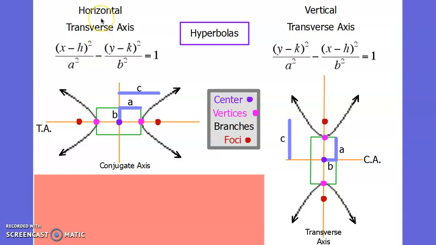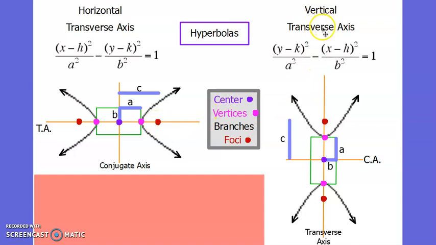Again, to have a horizontal transverse axis, that means that our two branches of our hyperbola will travel in the x direction, so x squared minus y squared. X squared will be first. Notice a travels from center to vertex, b travels the other direction, and c is still center to focus.